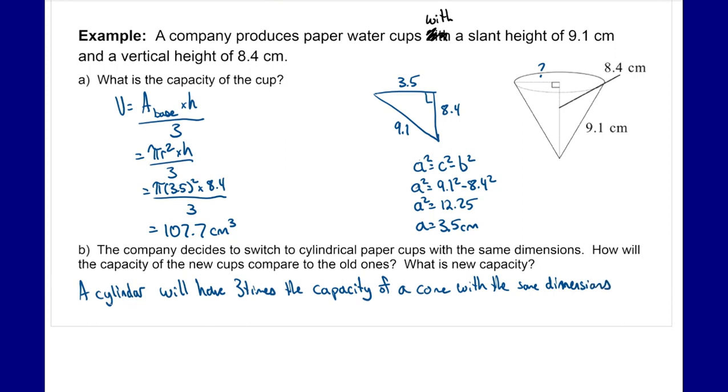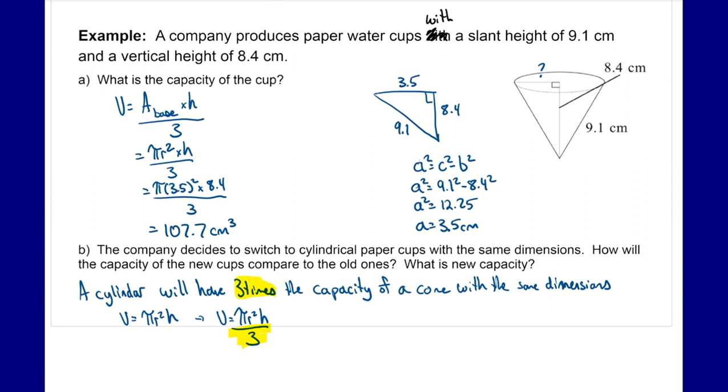So if I wanted to look at the formula, volume is pi r squared h. For the other one, volume equals pi r squared h divided by 3. So again, this divided by 3 portion is why the cylinder is 3 times larger.